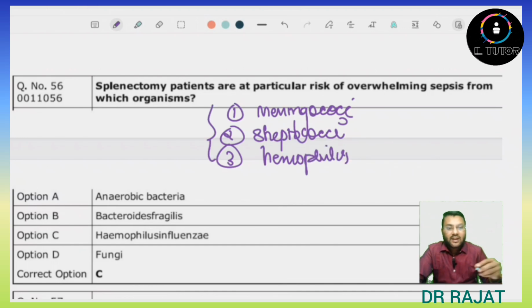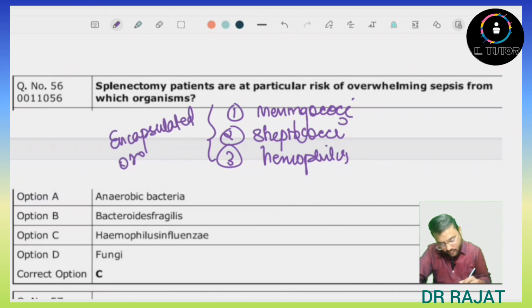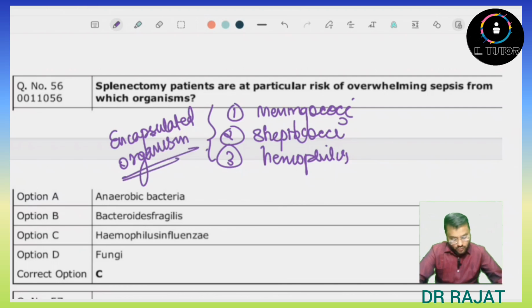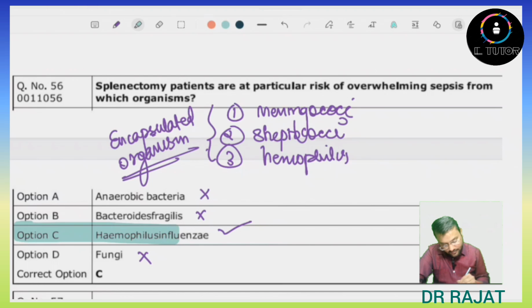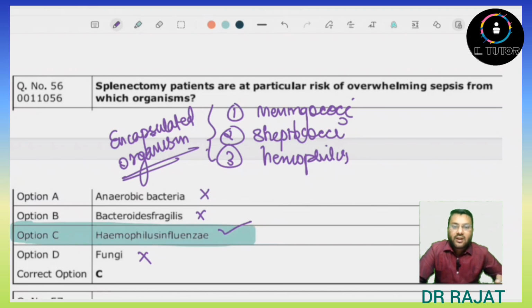So they are basically encapsulated organisms. So among the following options, anaerobic bacteria, no. Bacteroides fragilis, no. Haemophilus influenzae, this is true. And fungi, no. So answer here will be option number C. And other examples can be meningococci, streptococci.